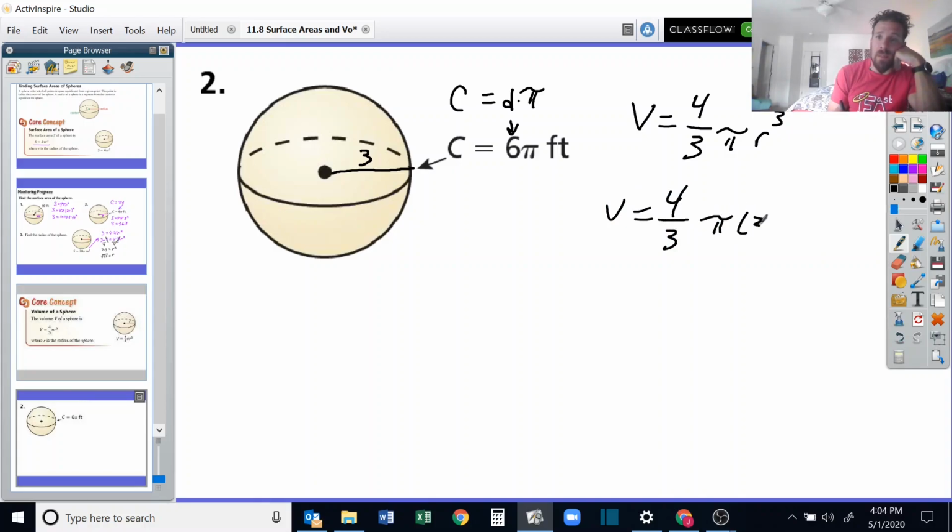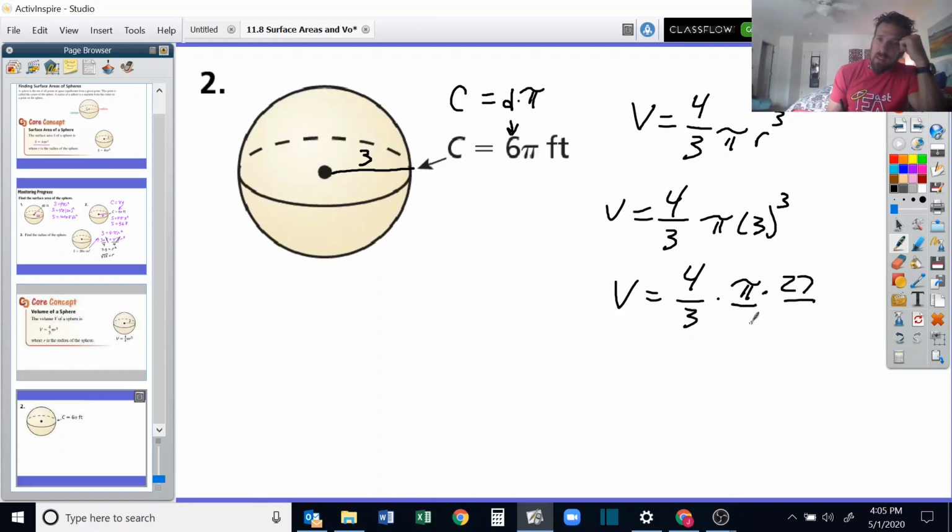Pi times 3 to the third power. 3 to the third power is 3 times 3 times 3. That's 27. So now I can write that in there. 4/3 times pi times 27. All of these things can be considered on the numerator of this whole big fraction. So we could actually write this as 4 times pi times 27 all over 3 times 1 times 1.